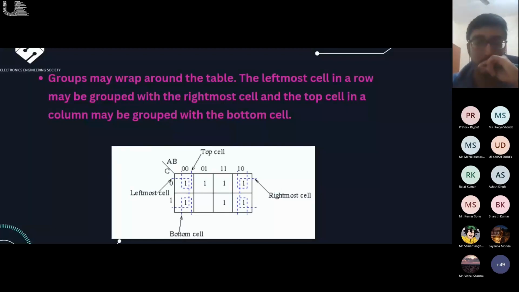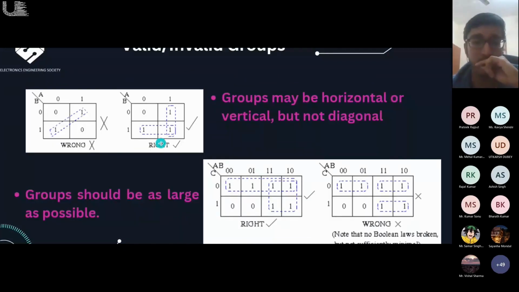Always remember this. If you notice in the first one here, it's correct, right? Because the leftmost one and the topmost one haven't been covered. These two are a part of only one group. They aren't a part of more than one group, so they're correct. That is not a redundant group.